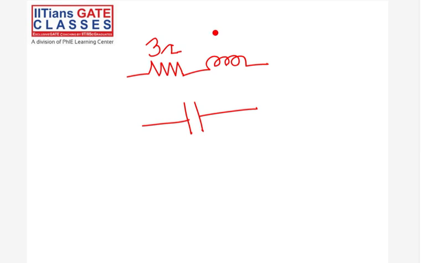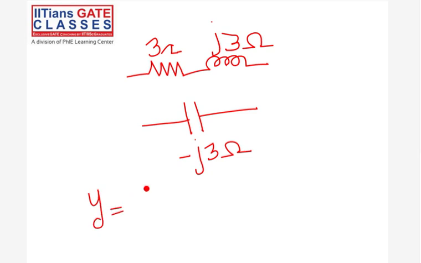This would be j3 ohms, and this would be minus j3 ohms. All right. So when we take the admittance Y for the resistance, it would be 1 by 3 mho.